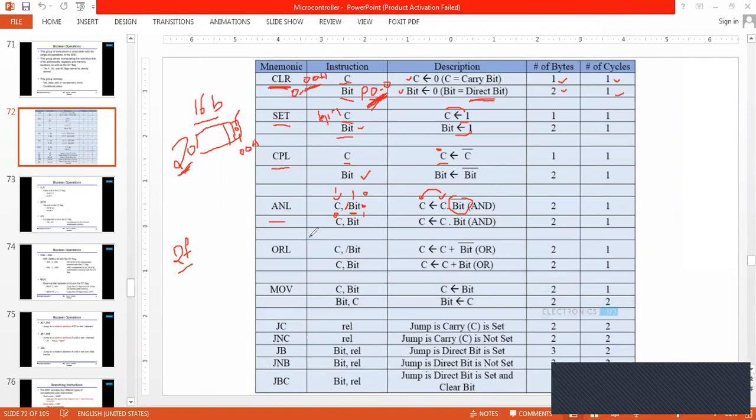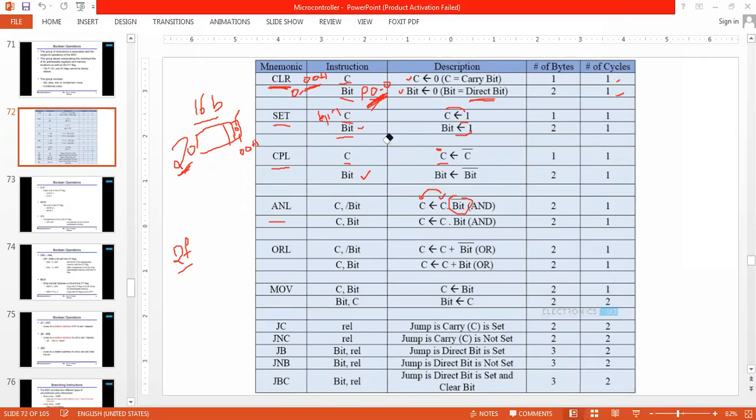So it is an AND operation between C and bit bar. If I don't write an exclamatory sign here, what is this? What is the symbol?